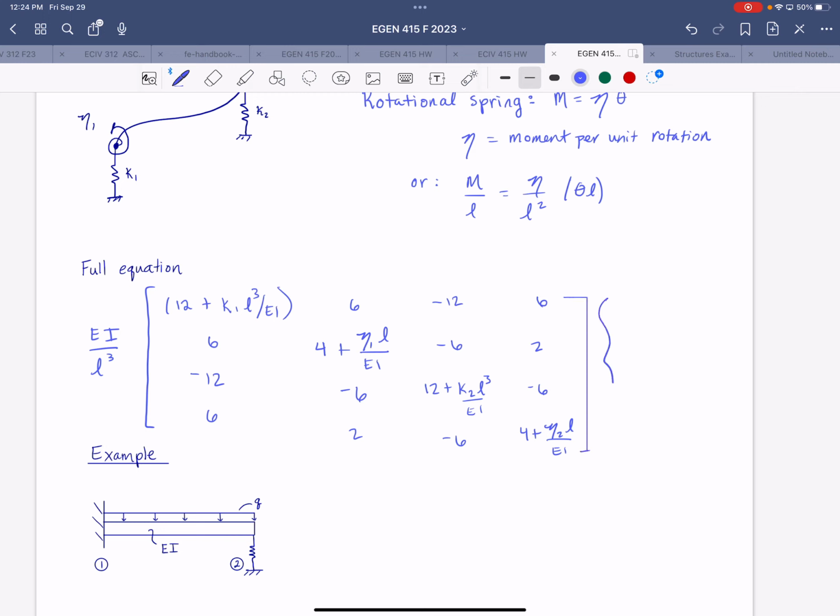And that will be multiplied by V1, theta 1 L, V2, theta 2 L, to equal the external nodal forces: F1, M1 over L, F2, M2 over L.